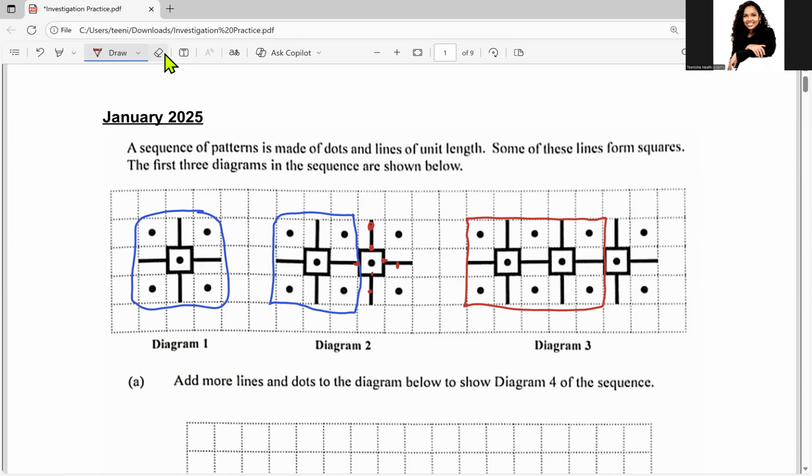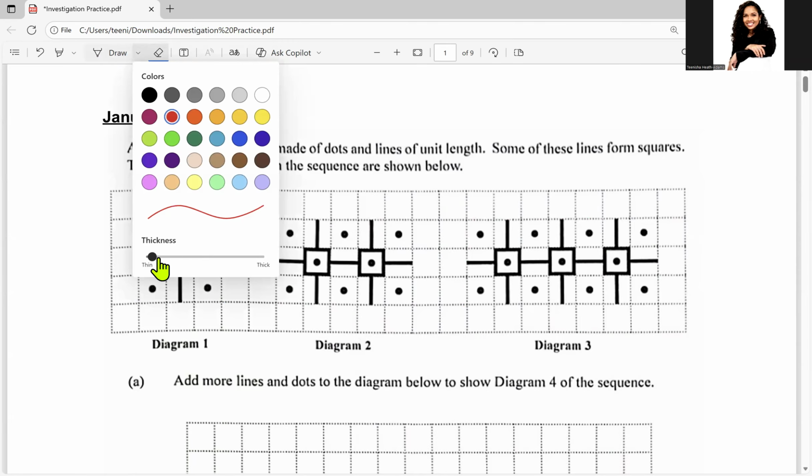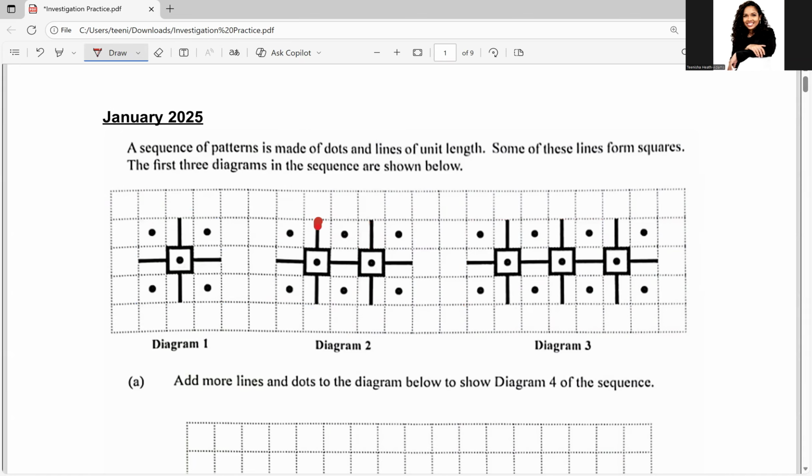Let me not use dots to draw it. That's very misleading. Sorry, that was a poor choice on my behalf. Let me outline the first diagram in the second one. This part is the first diagram.